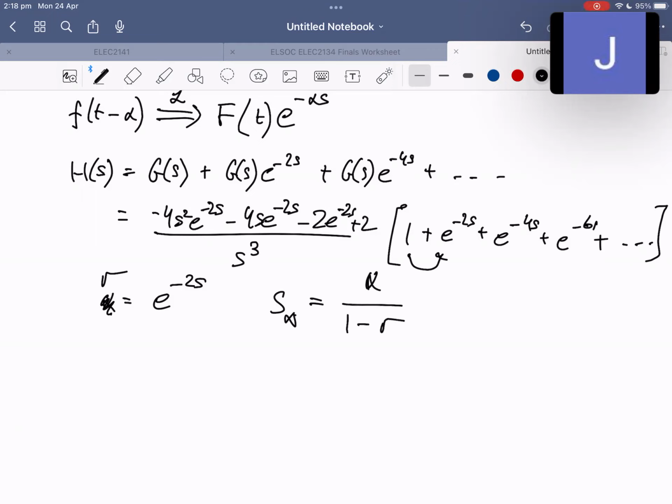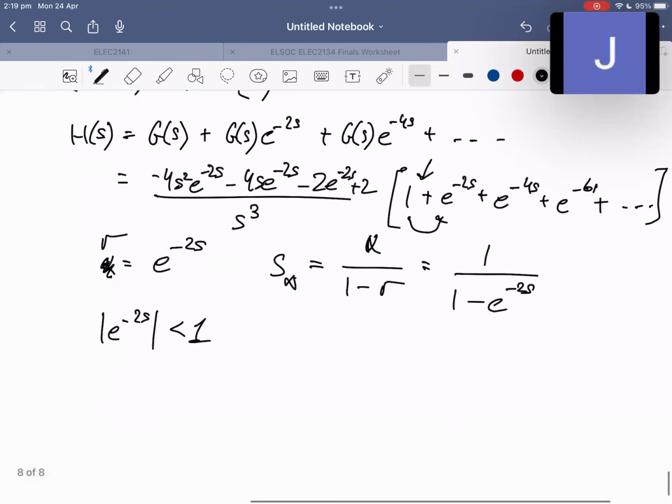In this case, a is 1, because the first term is just 1. So it'd be 1 on 1 minus e to the minus 2s. We can use this formula as long as the modulus of e to the minus 2s is less than 1. In an exam, I don't think you have to talk about this. This is just for your own curiosity.